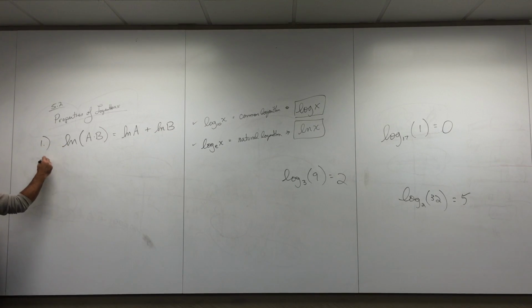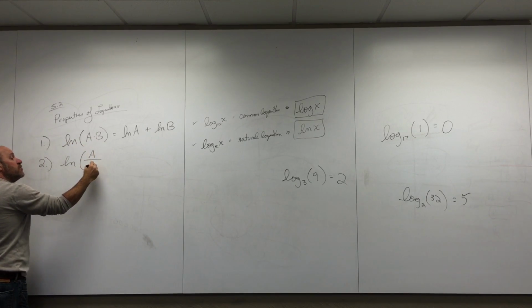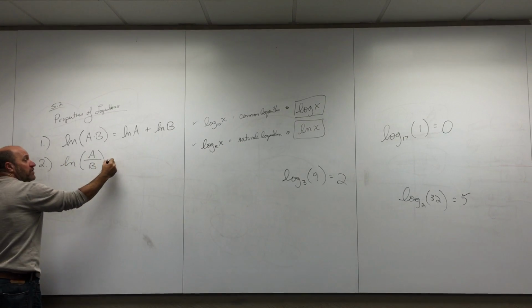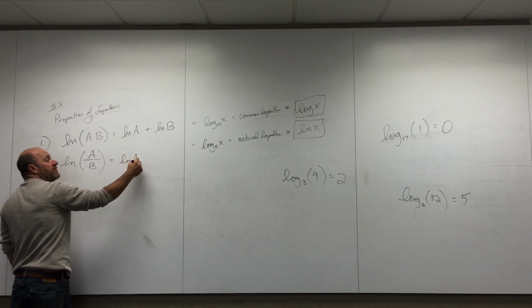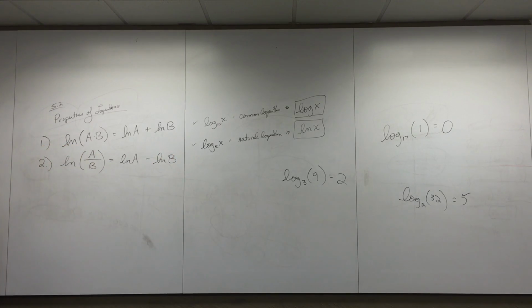Here's another one. By the way, after you read this one, you probably know this one. If you are dividing 2 terms inside the logarithm, you could bust it into 2 separate logarithms, and what would you do? Subtract them. You would do the natural log of a minus the natural log of b. It's equivalent. It's a special property of logarithms.